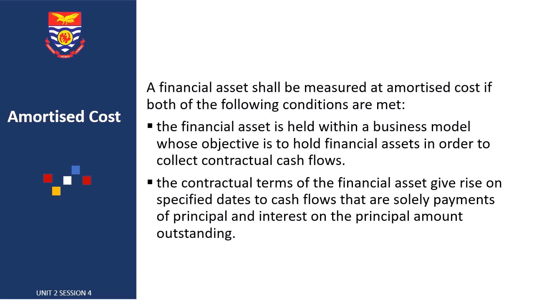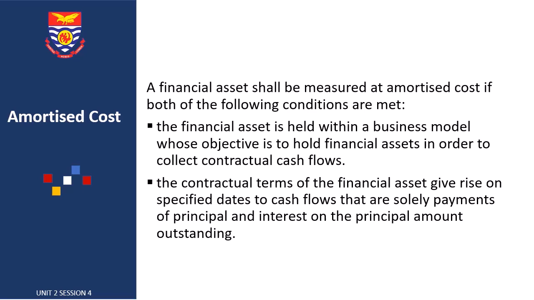For example, you have to be paying the interest annually at the end of each year. So that becomes a date, and the principal has a specific date that it must be paid or received. So these are what give rise to the business model and the contractual cash flow characteristics. These two must be met before you can measure the instrument at amortized cost.